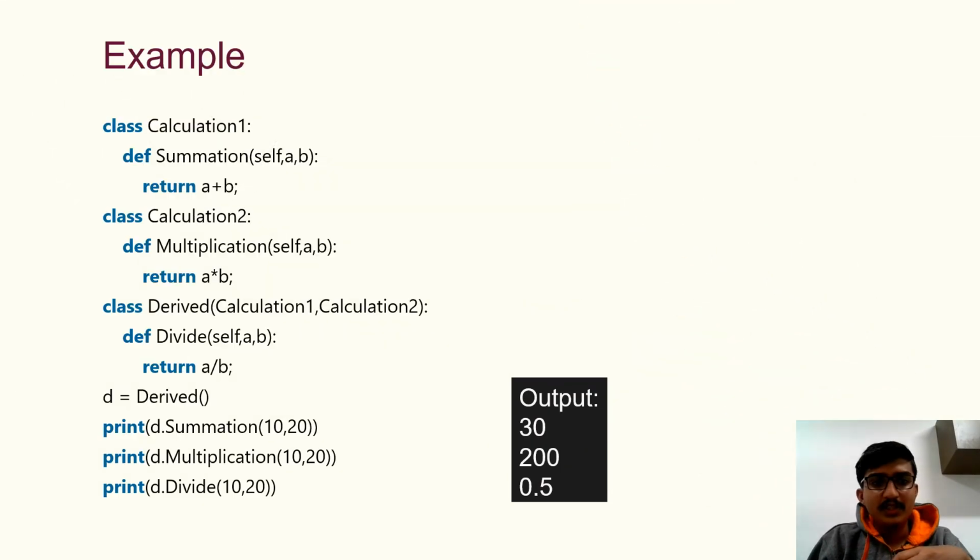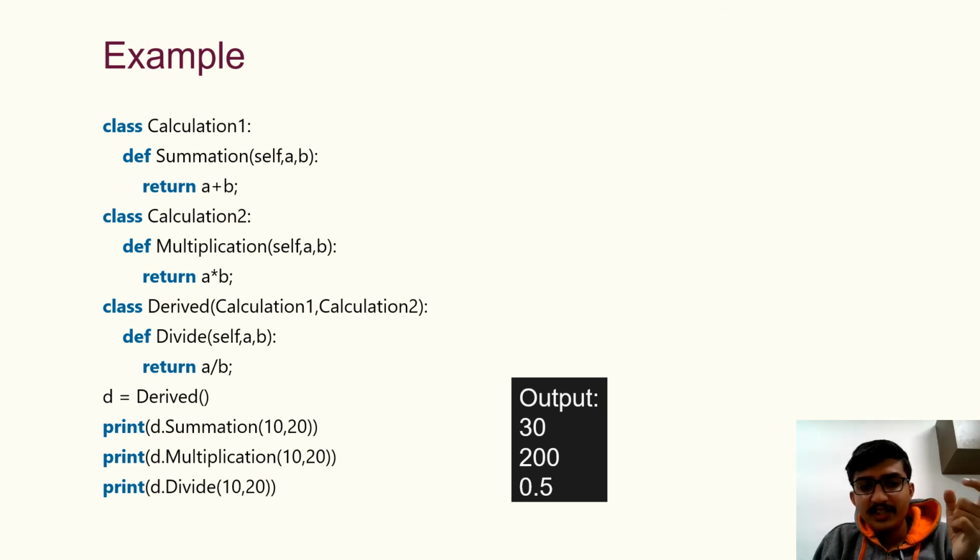To an example. Now we have created a class calculation 1. Inside we have the definition summation. We have class calculation 2. Inside we have multiplication. A derived class has the definition divide.